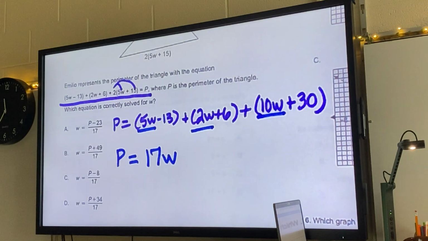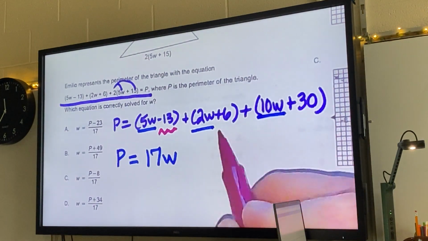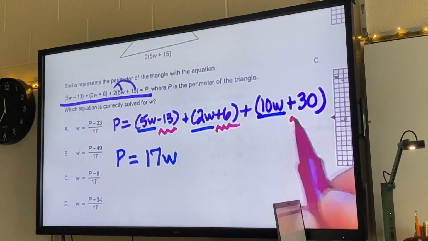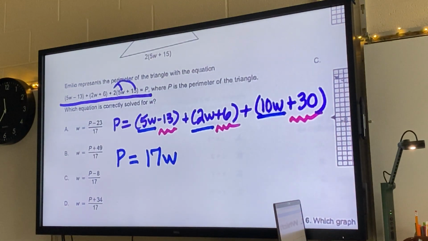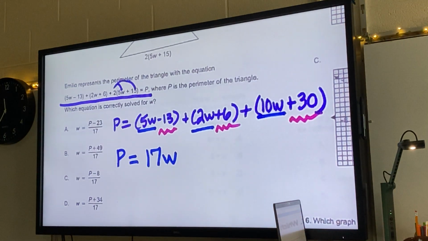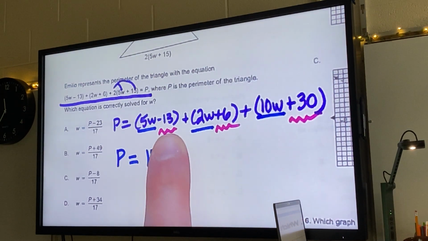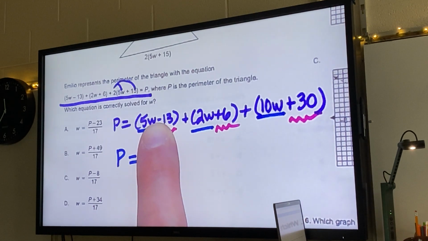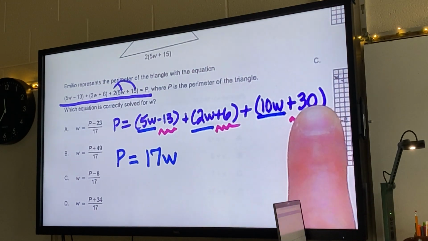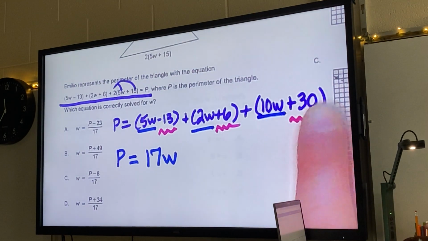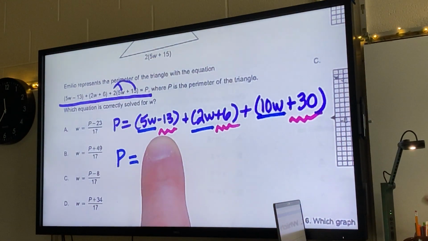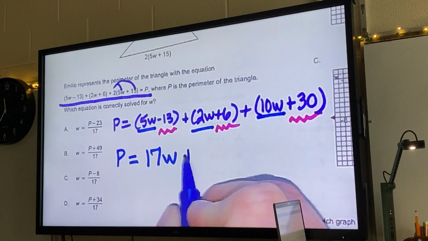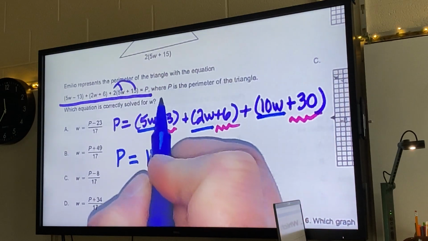So you got negative 13, positive 6, and positive 30. Y'all, 13 is negative. So 6 and 30 is 36. What's 36 minus 13? That'd be 23. Alright, they want you to solve for W.